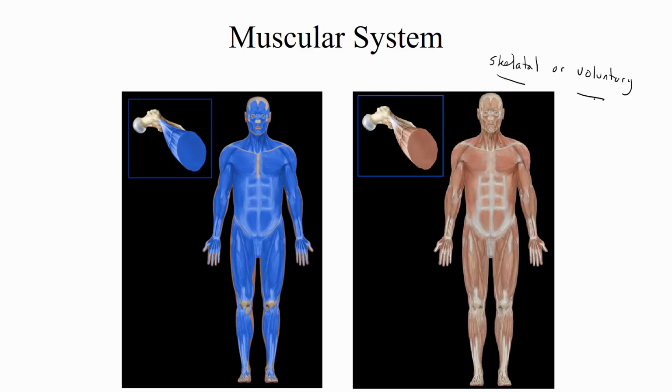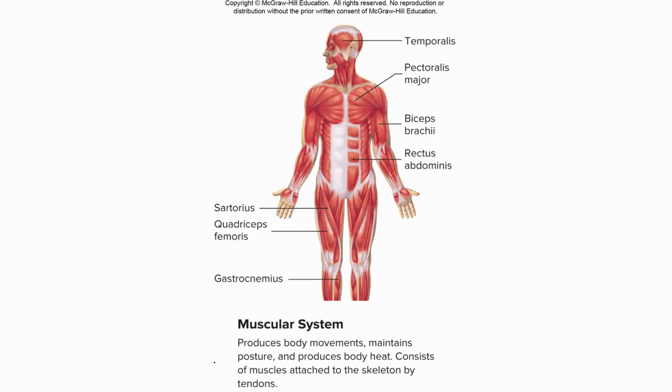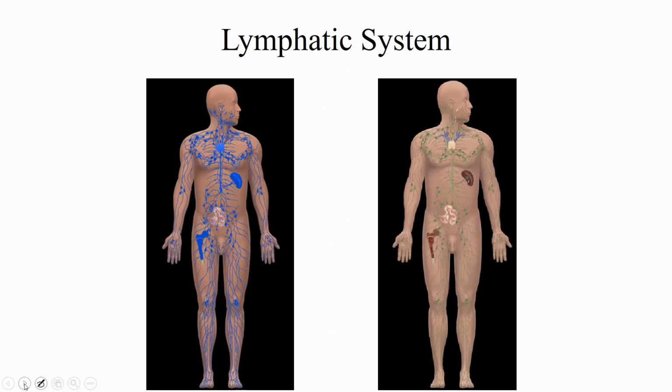Okay, so skeletal or voluntary movement. It's going to produce body movements, helps maintain posture, and it's also a mechanism for increasing body temperature. Here we're going to talk about muscles attached to the skeletons by tendons. So things like the heart is not going to be part of this muscular system.